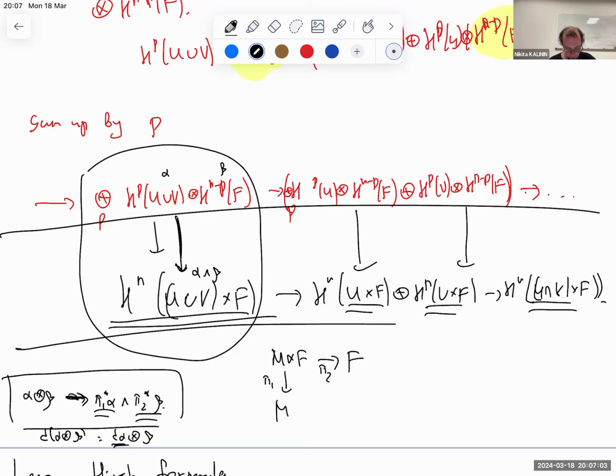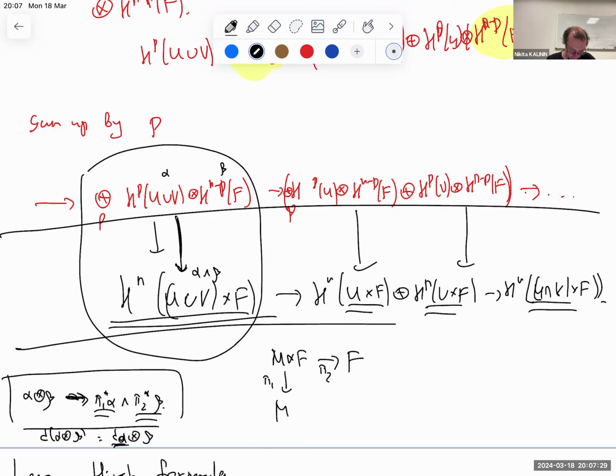Then you should say that indeed it all commutes with this Mayer-Vietoris sequence. So it means that when you multiply alpha, for example, by this partition of unity element, it's the same: you can multiply it above and then apply d, or you can multiply it below and then apply this map.